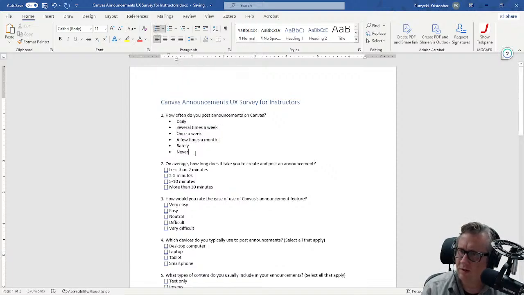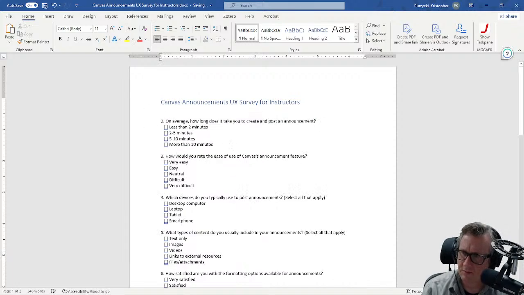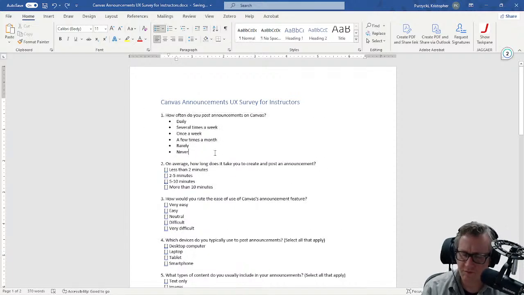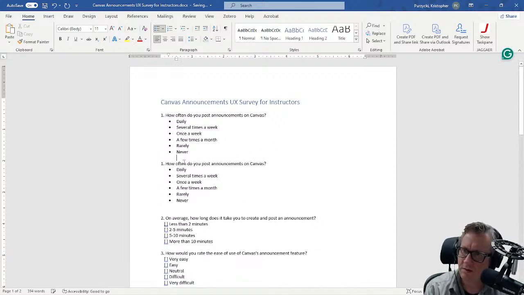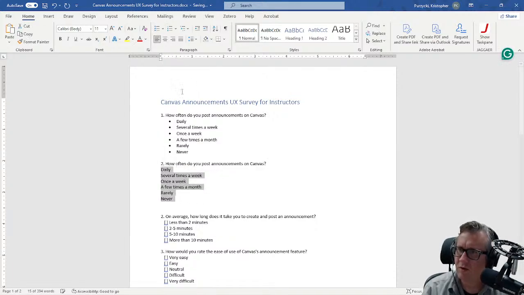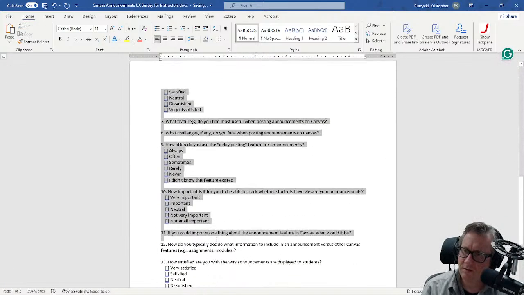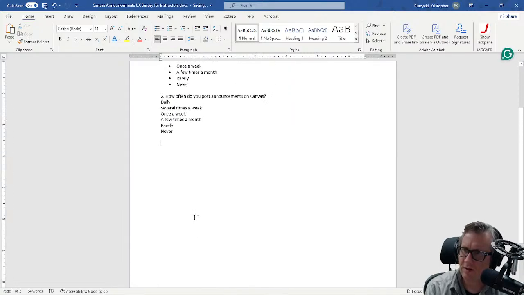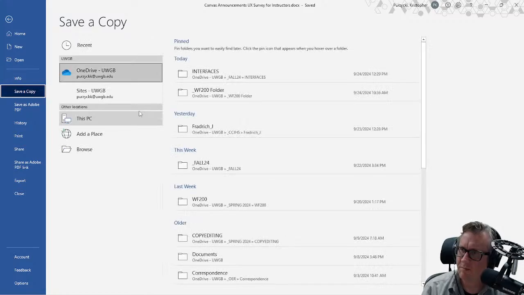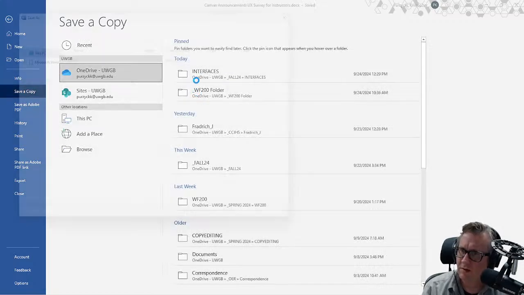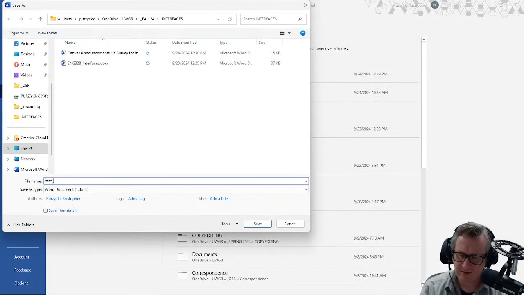I'm going to copy that and do another version here. I'm going to remove the bulleted list. Save as, save a copy. Interfaces, test 2.